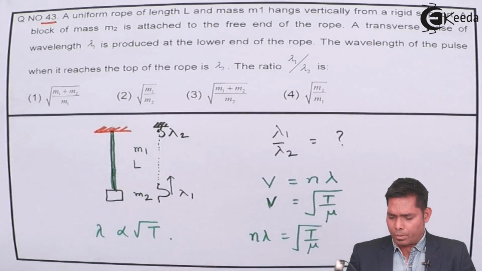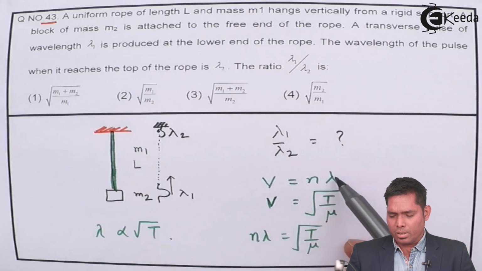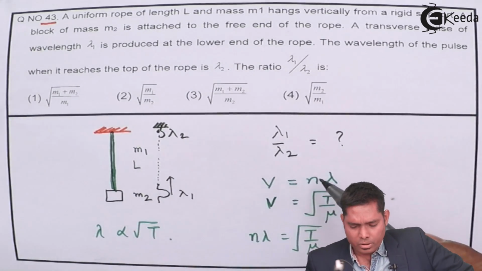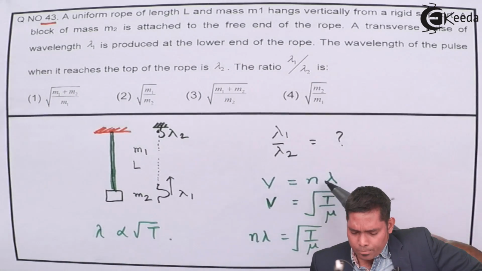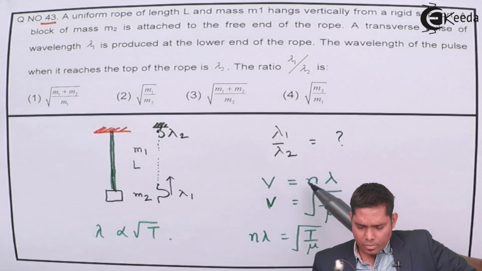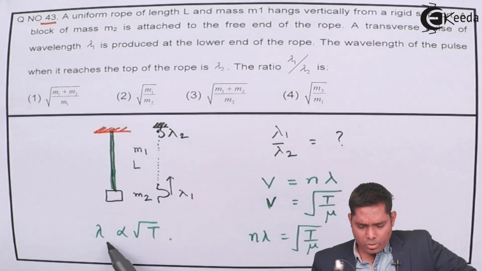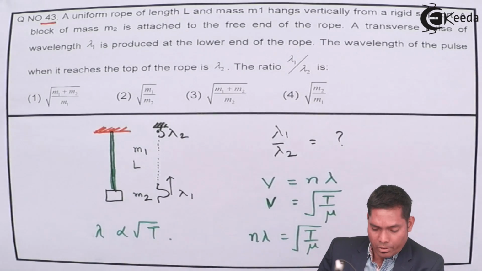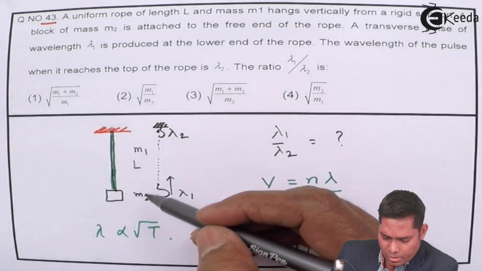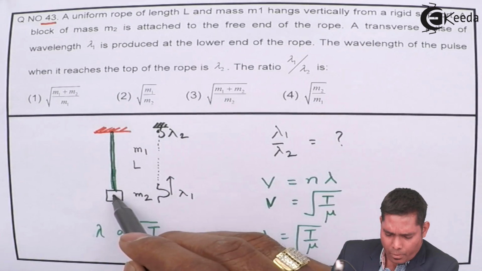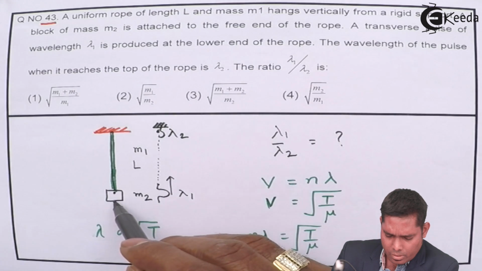The speed is frequency into wavelength, so if the wavelength is changing, the speed can be kept constant. So this is the relation I have to use: the ratio of the wavelengths is proportional to the square root of the ratio of the tension at these two points.